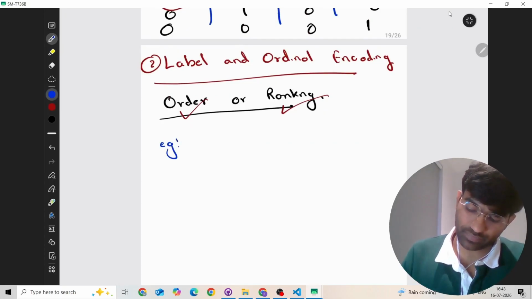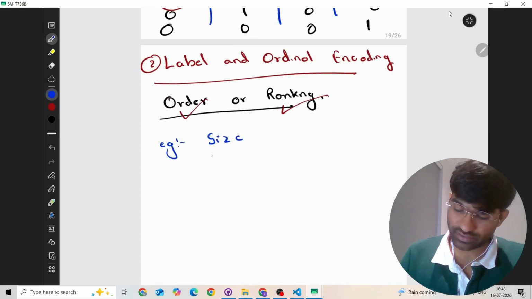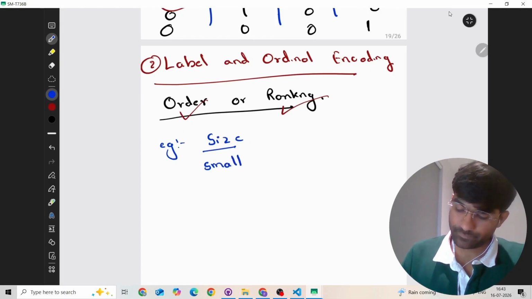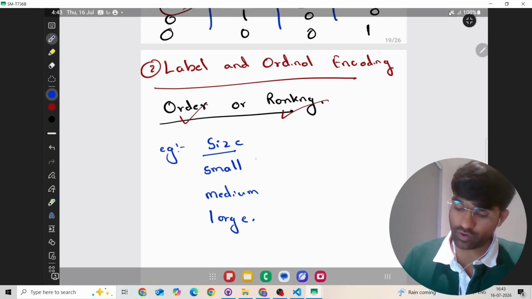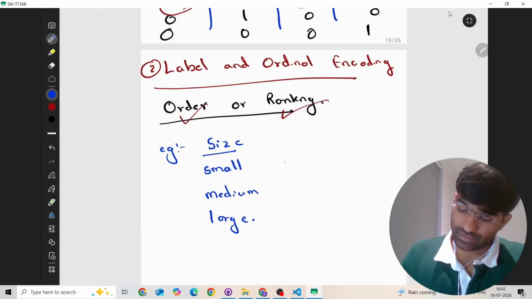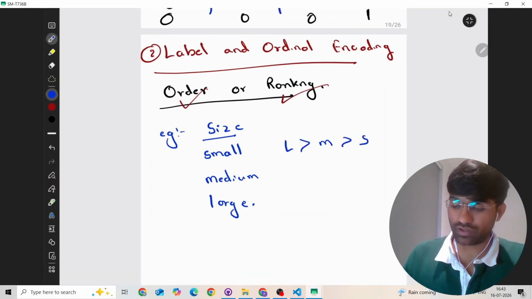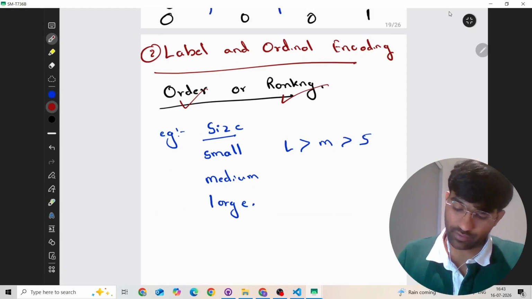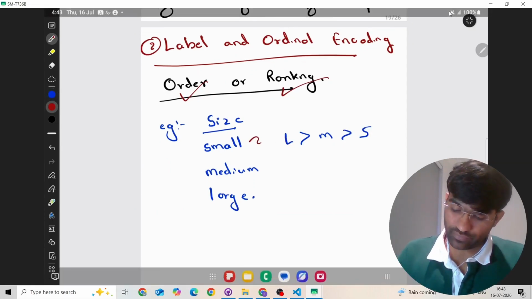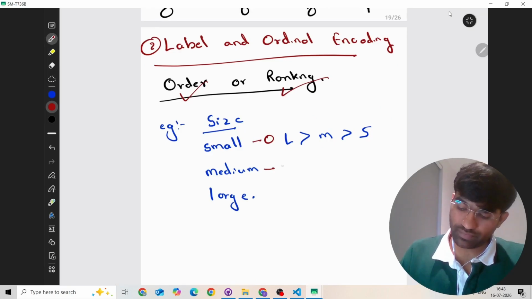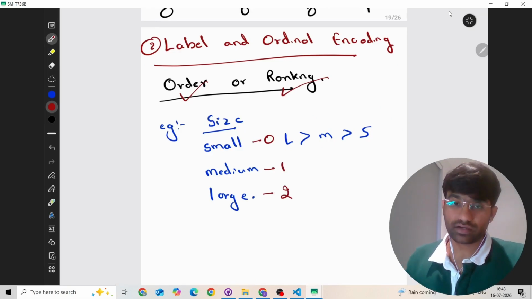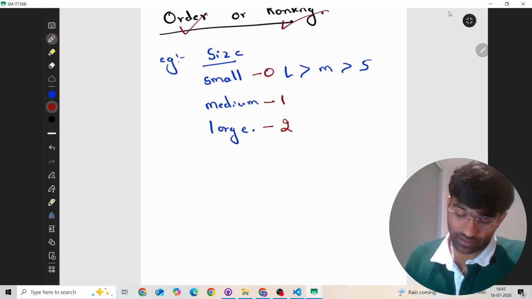Let's consider the example size of a shirt: small, medium, large. Large is greater than medium and medium is greater than small. This has an order. So I will label this column. Small has 0, medium has 1, large has 2. This is how it gets converted from categorical to numerical value.